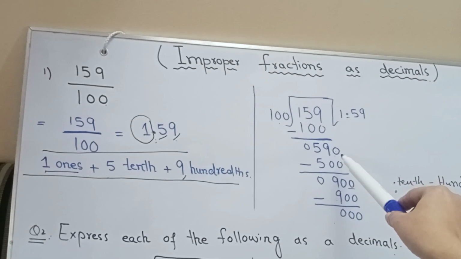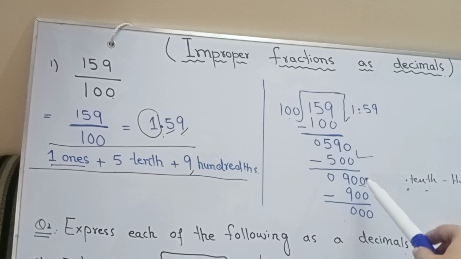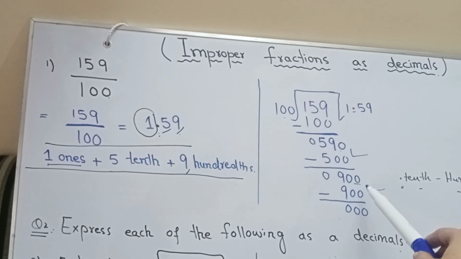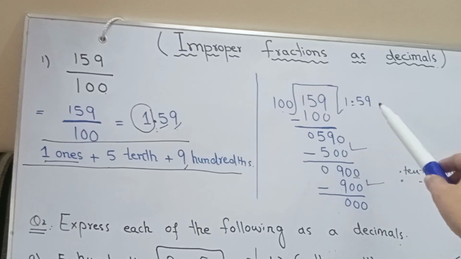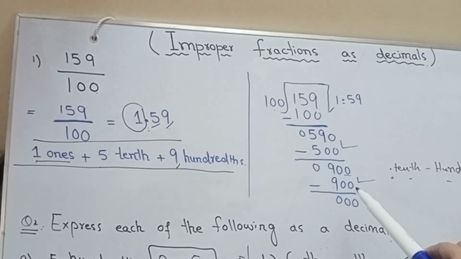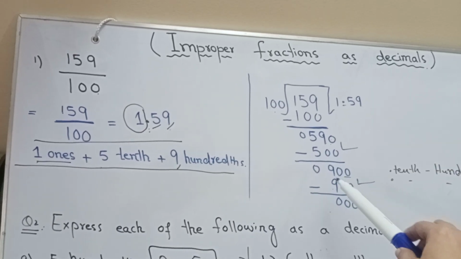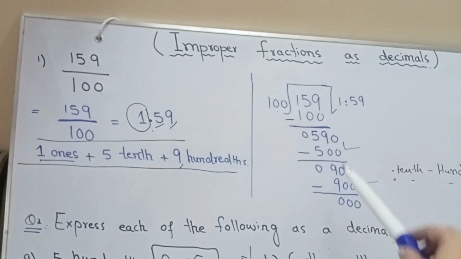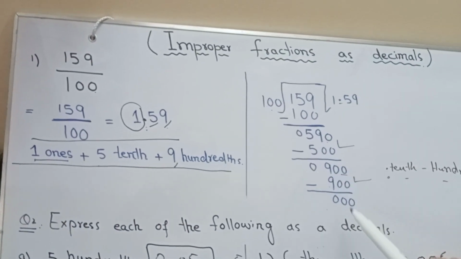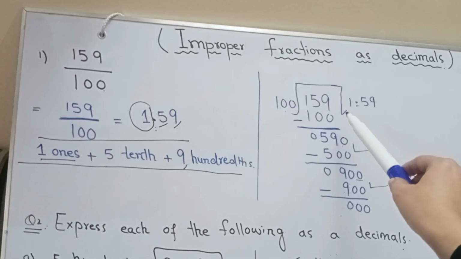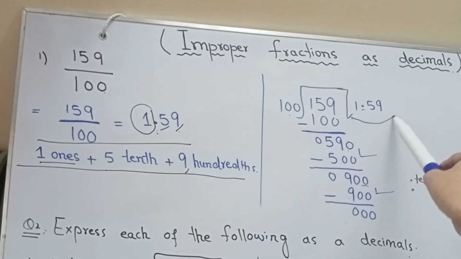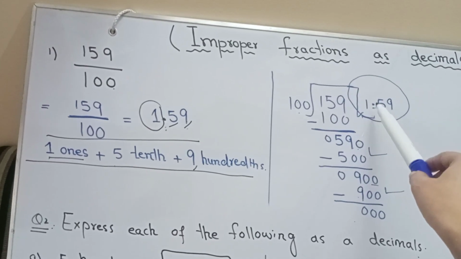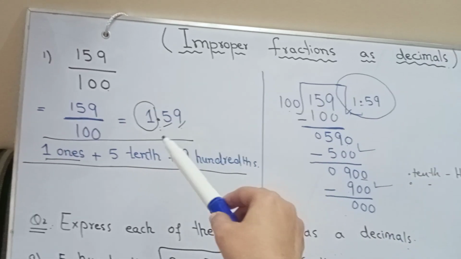Here we already carried one, and this is the second time. Now if we consider 0 with 90, it becomes 900, and it is exactly divided by 9. So now we have 1.59. It is converted into a decimal fraction.